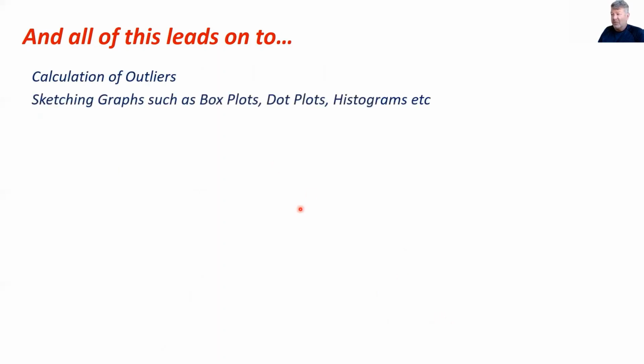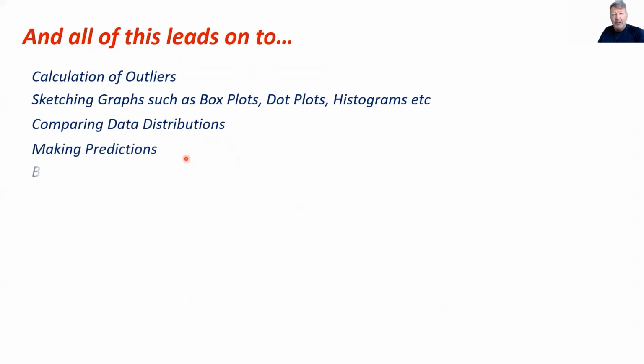It all leads on to a whole lot more. Stats goes on for a long way, and it's used in a lot of places. Calculation of outliers, for example, is what we're going to look at in a little while. Sketching graphs, such as box plots, dot plots, and histograms. You're going to be comparing data distributions.